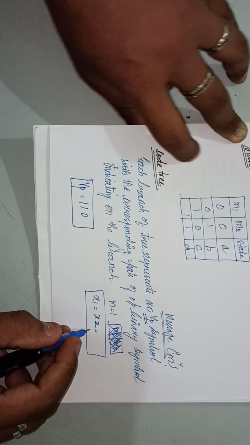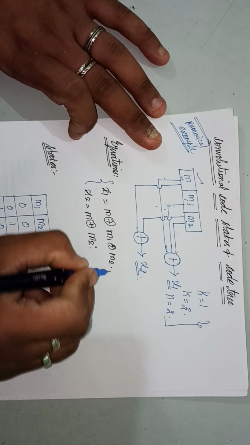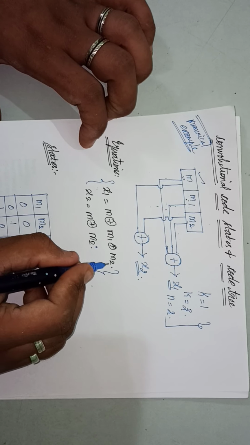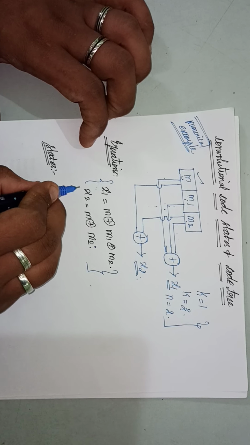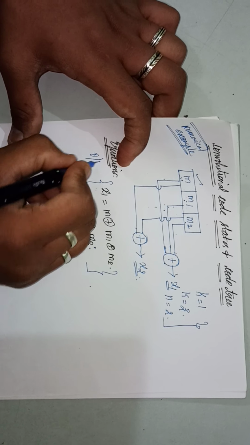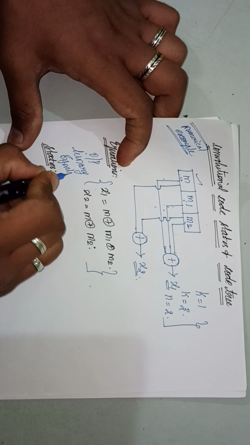How can you calculate the values of x1 and x2? We can calculate them using these equations. x1 is equal to m XOR m1 XOR m2, and x2 is nothing but m XOR m2. These x1 and x2 are the output binary symbols.